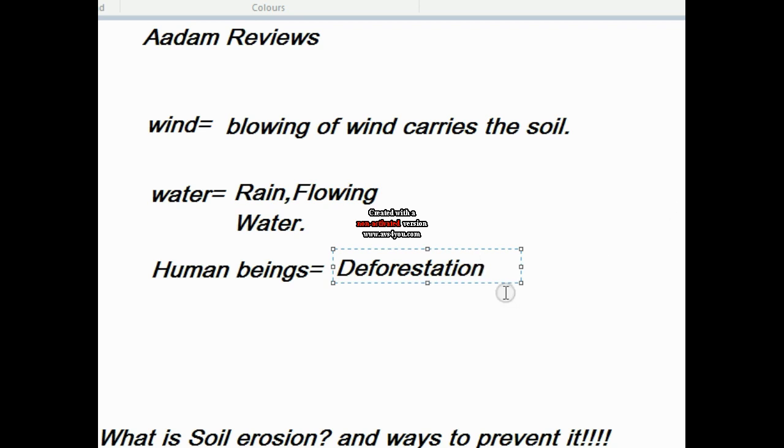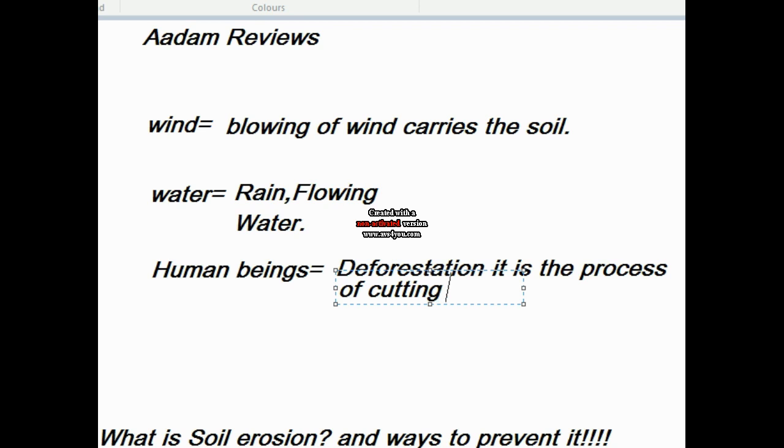Deforestation is the process of cutting trees.